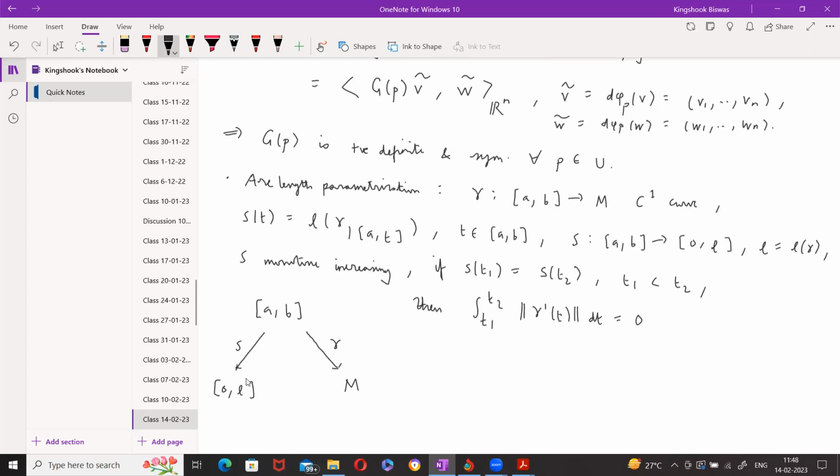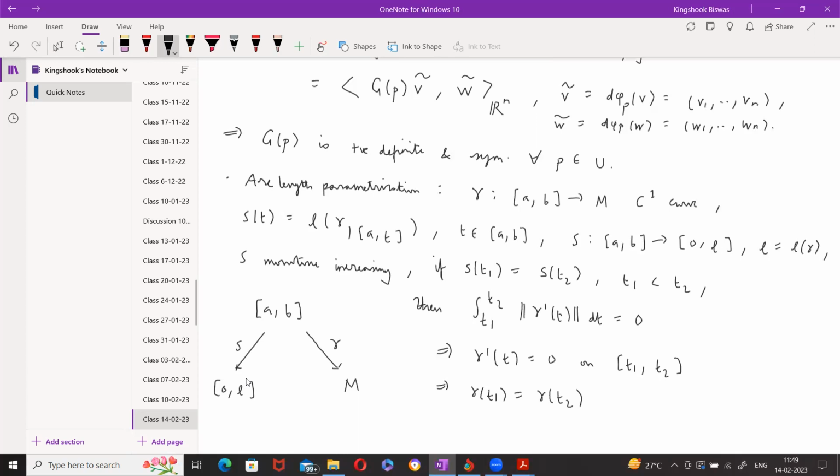So that means that norm gamma prime T is 0 in the interval T1 to T2. And that means that gamma T1 is equal to gamma T2, right? Yes? Okay.